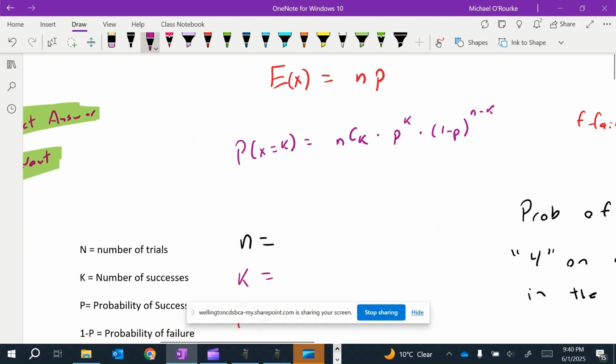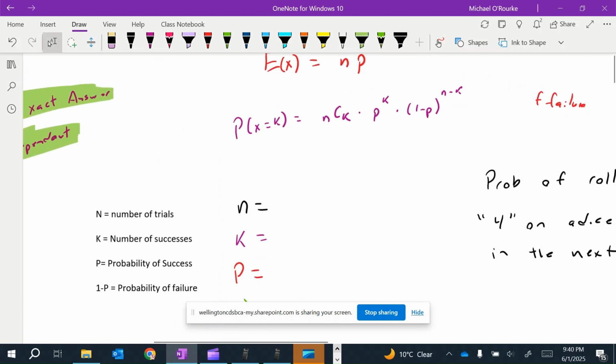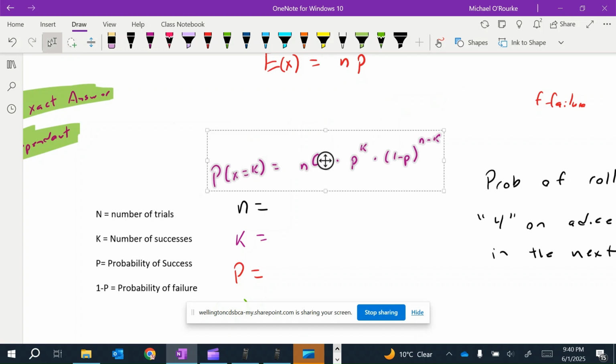So as we go through here, p is probability, n is the number of trials you're going to have. Okay, k is the number of successes that you're looking for, multiplied by the probability of success to the power of k times 1 minus p, which is the probability of failure, to the power of n minus k.